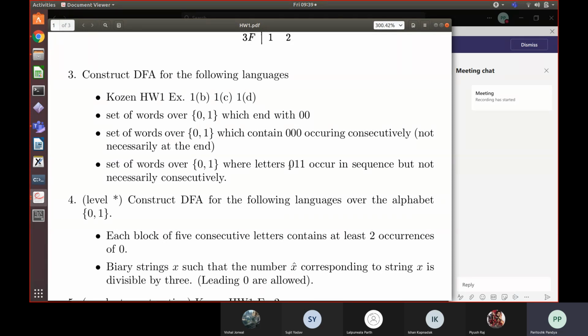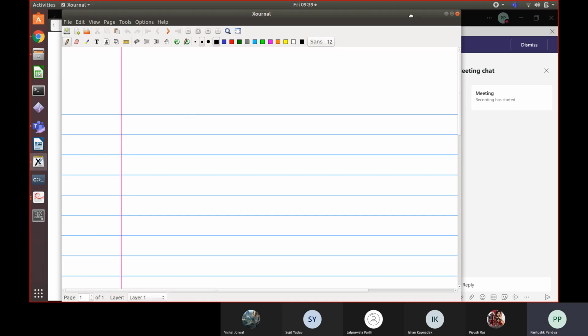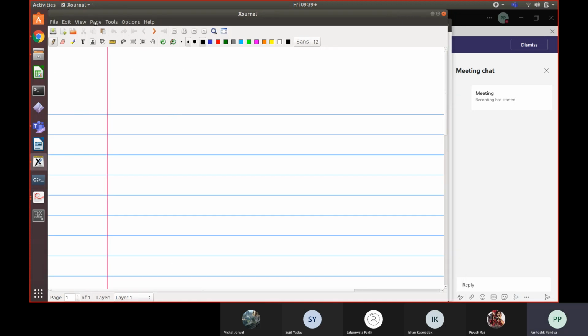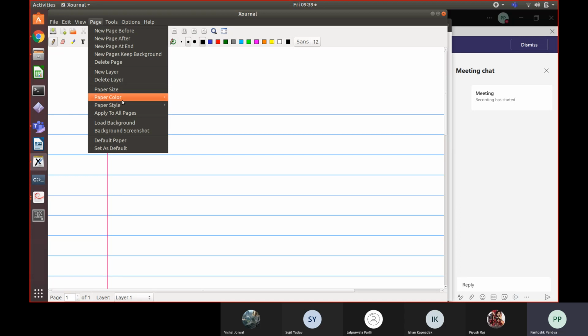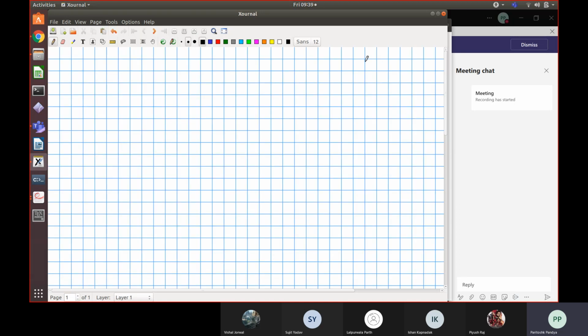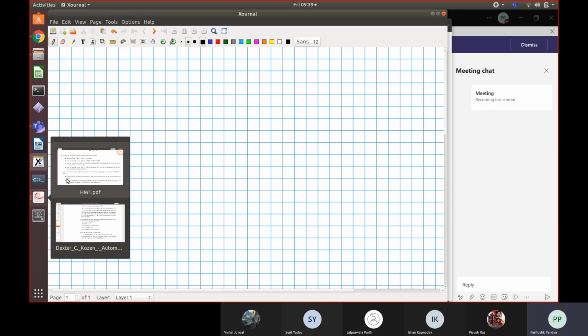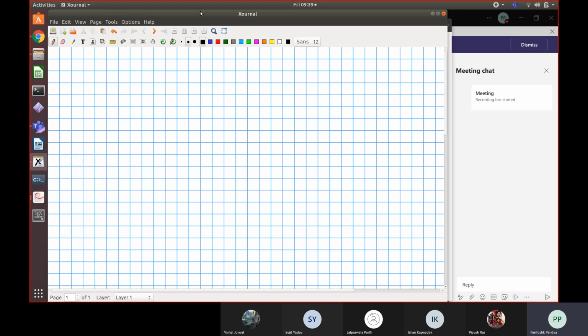This is the language, right? Now let me open this journal and change the paper style to graph. What will be the automaton which will recognize this language?